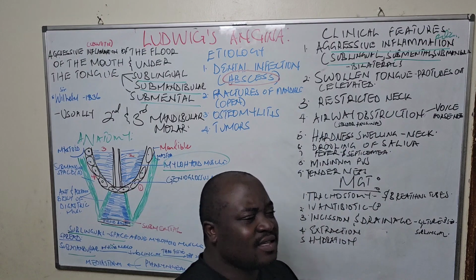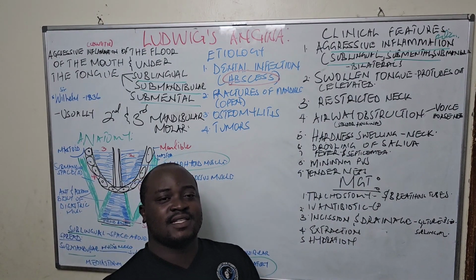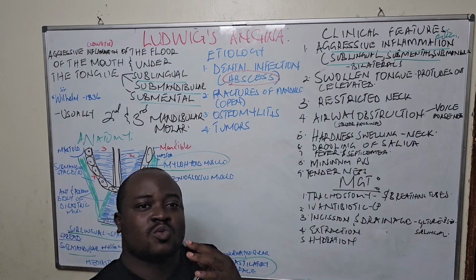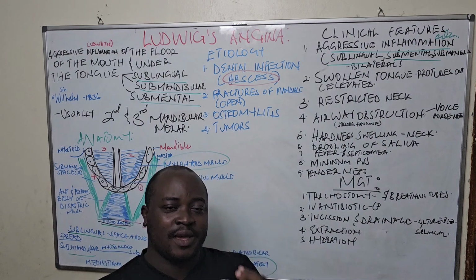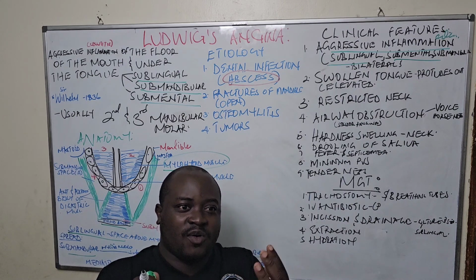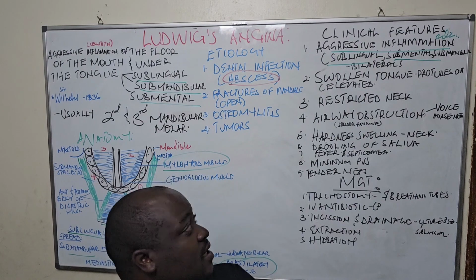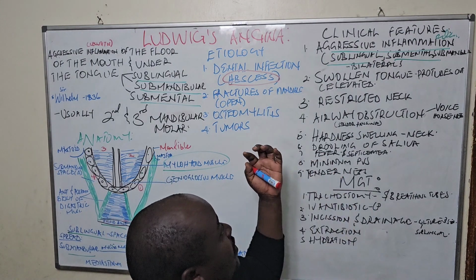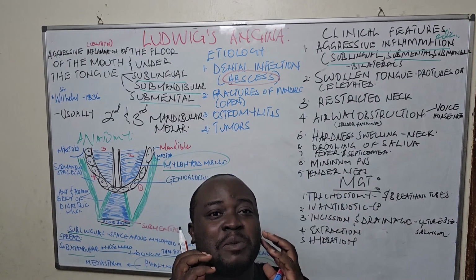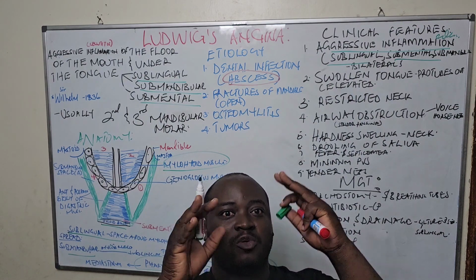The next cardinal clinical feature is that the tongue is going to be inflamed. It is going to be big, reddened, full of a lot of inflammatory exudate. It will no longer fit in the oral cavity, and therefore it will protrude out.